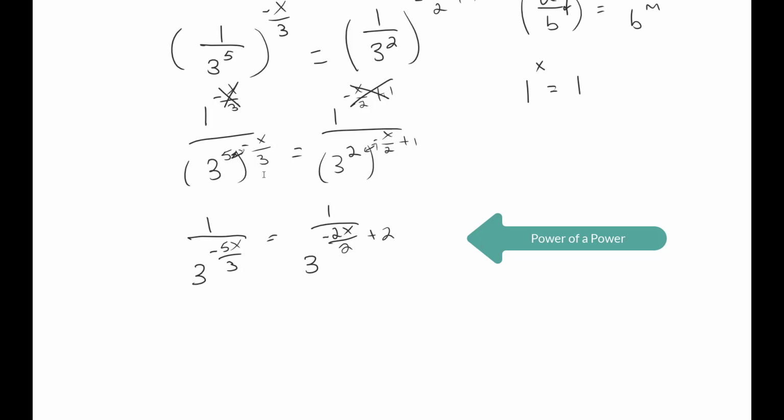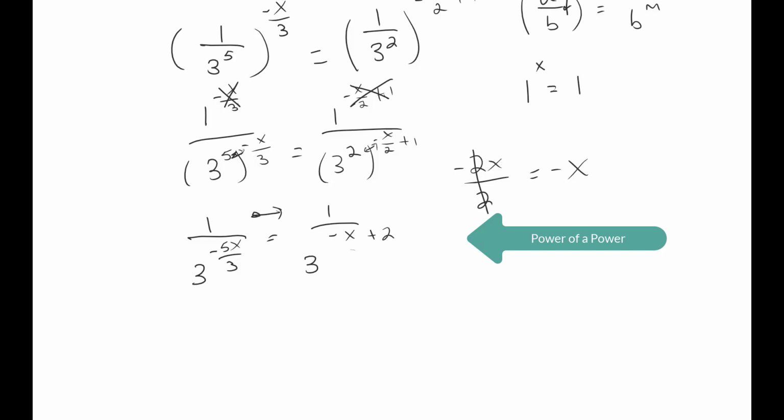And you're going to see that that's going to leave us here, negative 2x over 2. Negative 2x over 2 is going to be leaving us with a negative x. So let's actually go ahead and change that to a negative x. And now we can see that I have the numerators exactly the same on both sides. And the denominator, the bases are the same too.